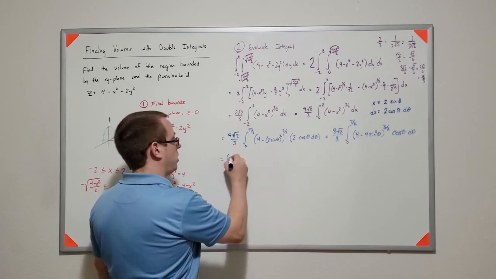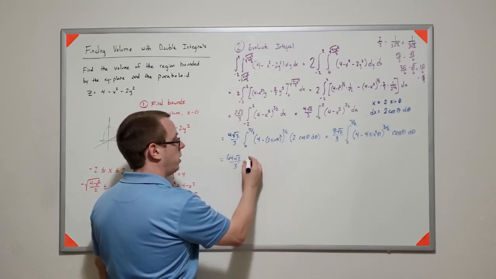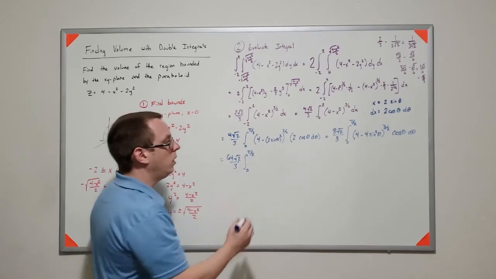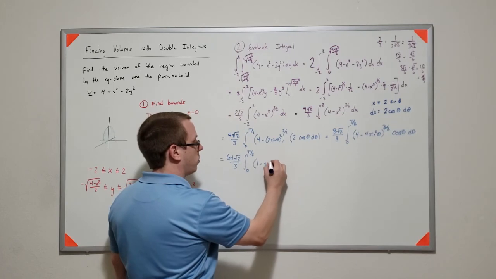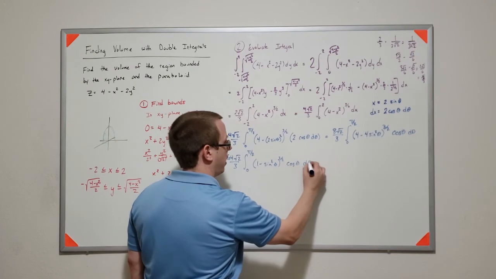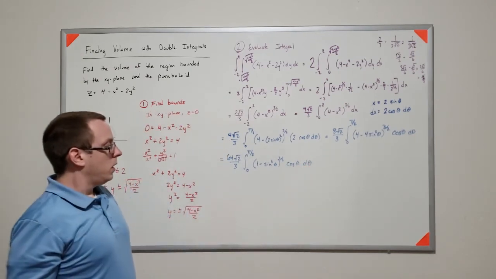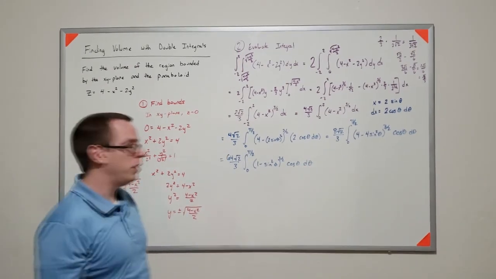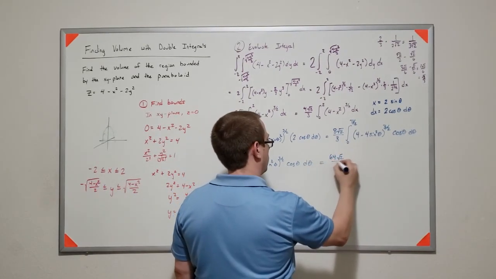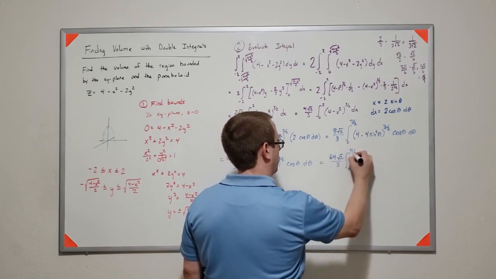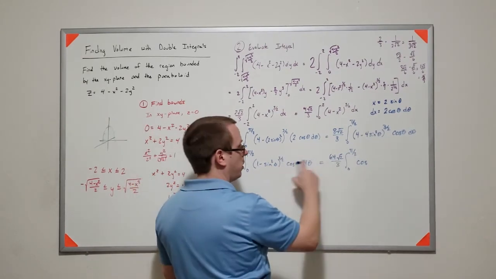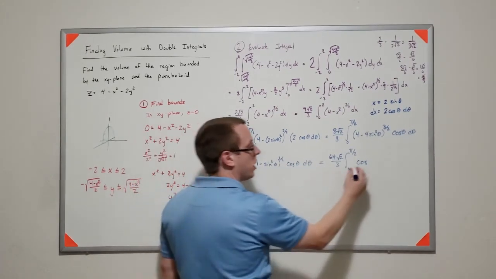So that becomes 64 square root of 2 over 3, from 0 to pi over 2, of 1 minus sine squared theta to the 3 halves, cosine of theta d theta. So then 1 minus sine squared is cosine squared. And cosine squared to the 3 halves is cosine cubed. And cosine cubed times cosine is cosine to the 4th.